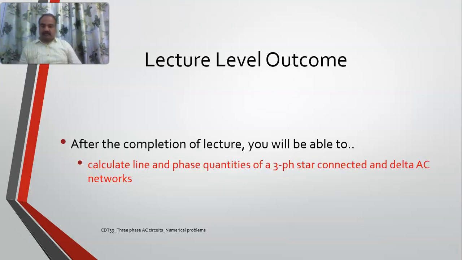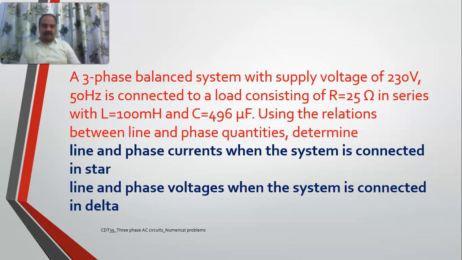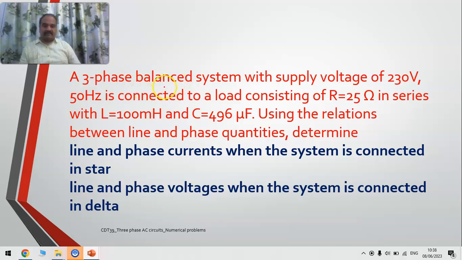So I hope that you will improve in calculation of line and phase quantities of three-phase star connected and delta connected AC networks. So this is the problem. A three-phase balanced system with a supply voltage of 230 volts 50 Hz is connected to a load consisting of R equal to 25 ohms in series with L equal to 100 millihenry and C equal to 496 microfarads.